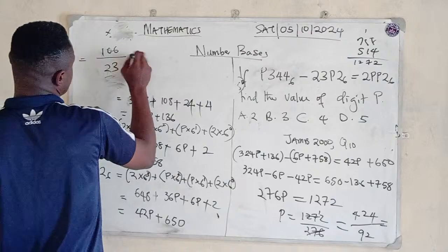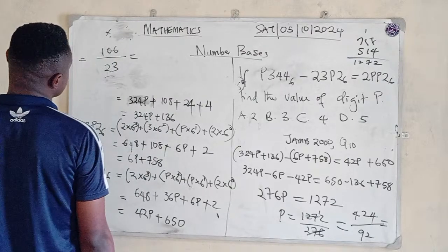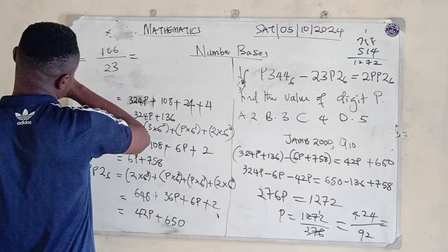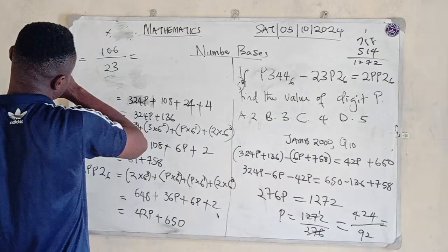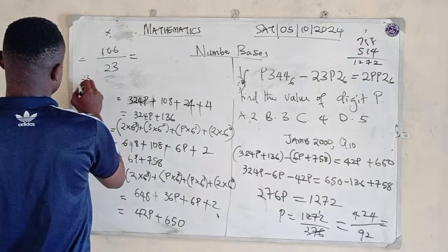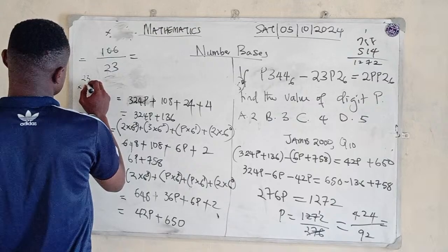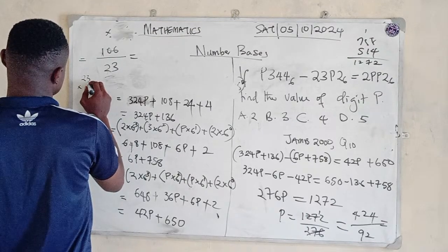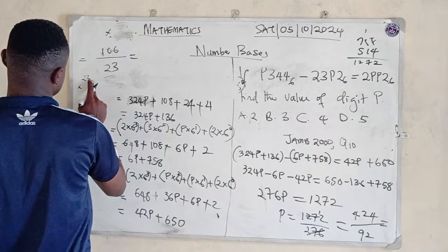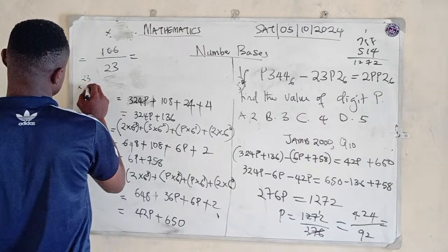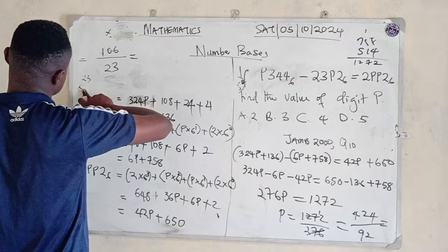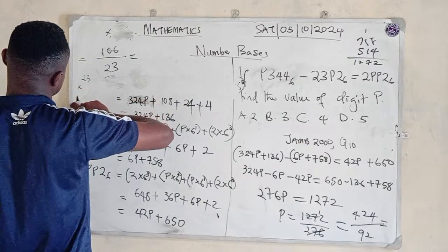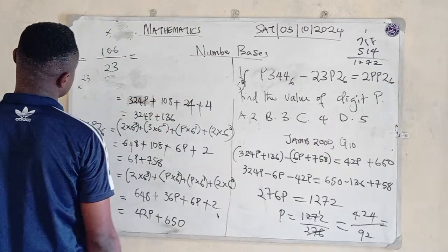We have here 23 times 2, 46. No, it's not working.